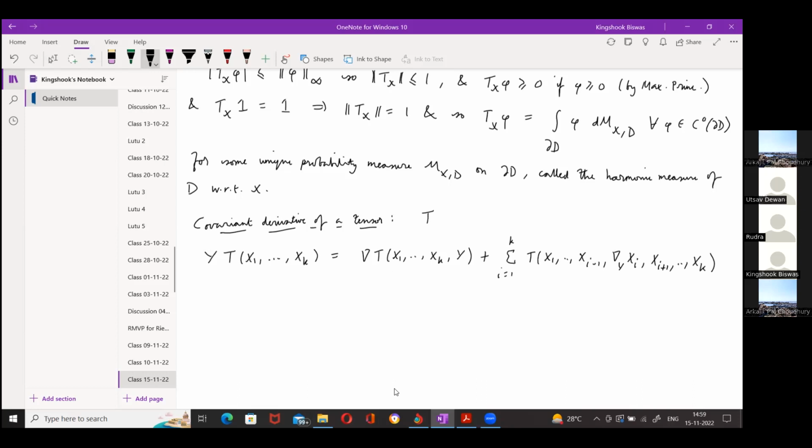Here T is a k-tensor, and this is for all x1, ..., xk, Y, which are vector fields on M.